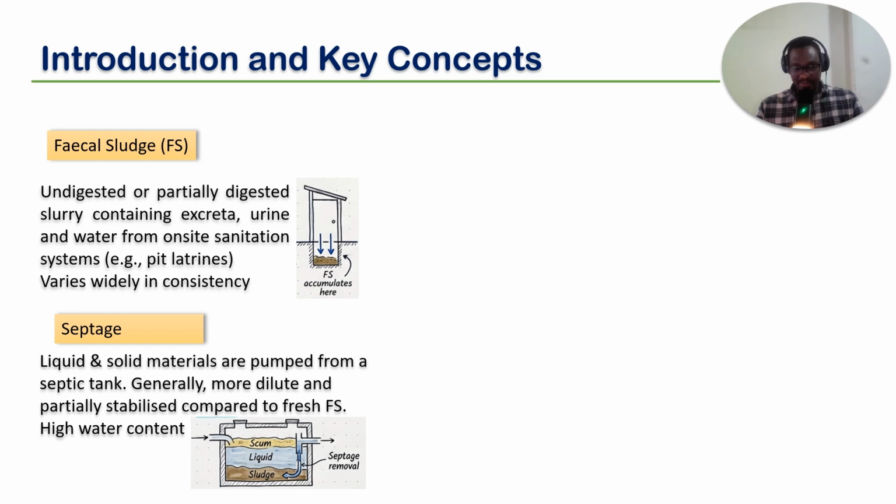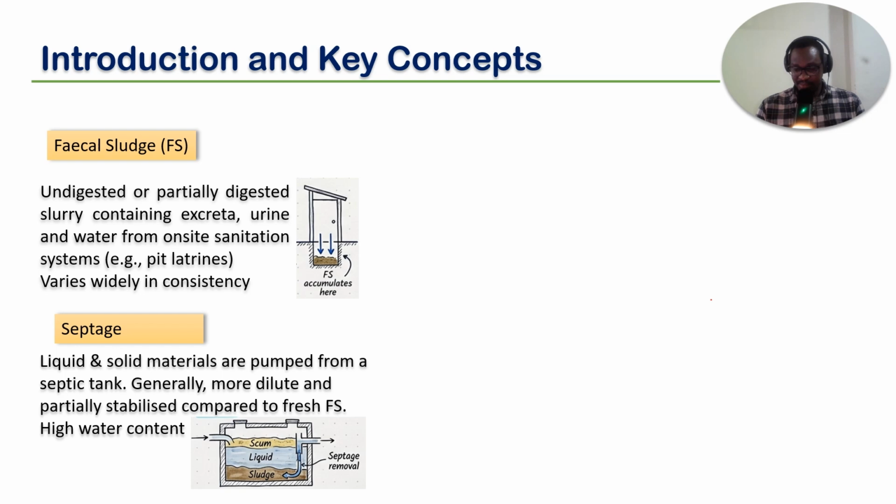For clarity, what comes out of a pit latrine is what we refer to as sludge, fecal sludge, whereas what comes out of a septic tank is what we refer to as septage.